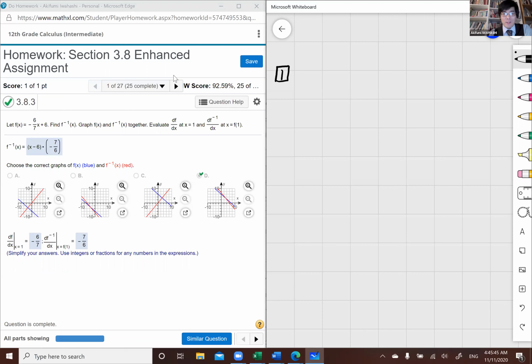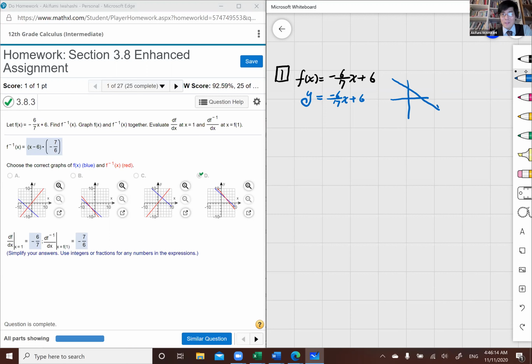So number 1, you have a linear function, f(x) is equal to negative 6 over 7 x plus 6. The first question is to find the inverse of this function. This is a review. The original function is y equals negative 6 over 7 x plus 6, which is a linear function, and the graph looks something like this.